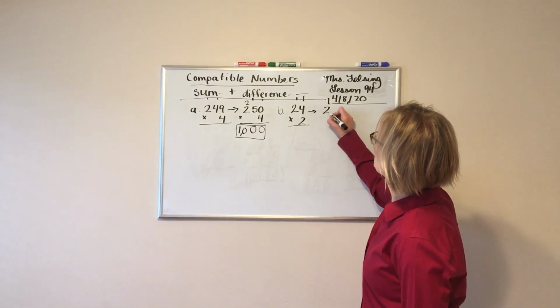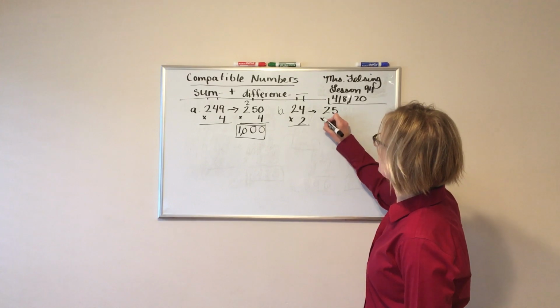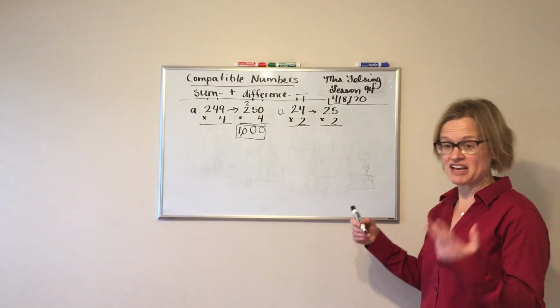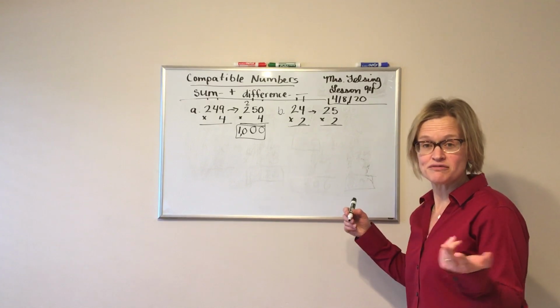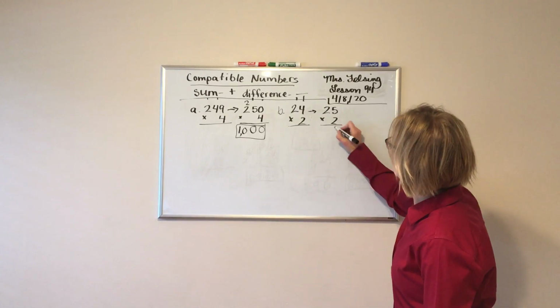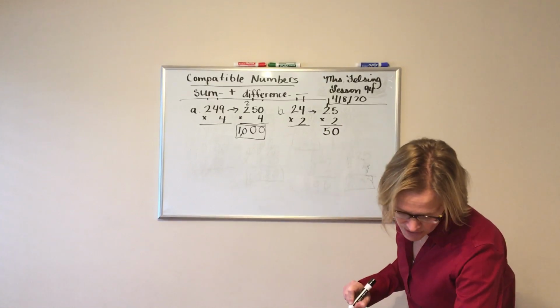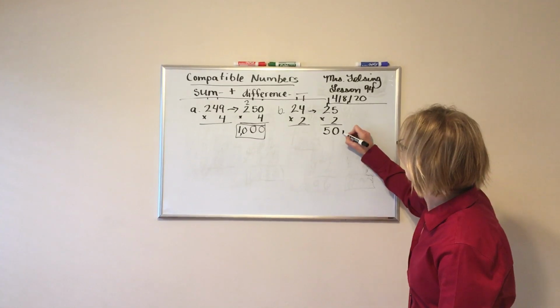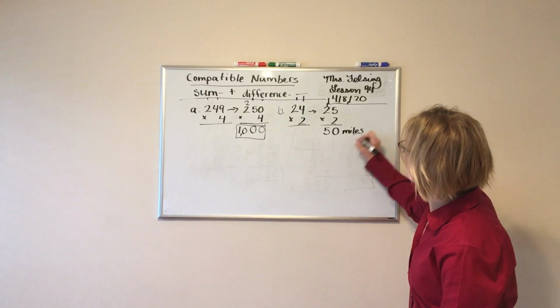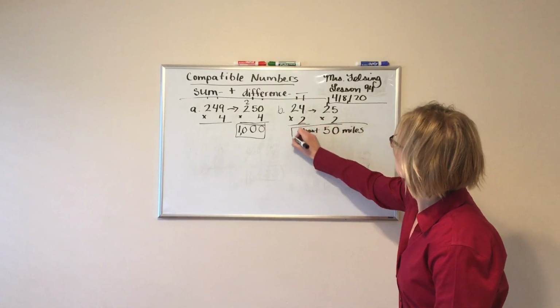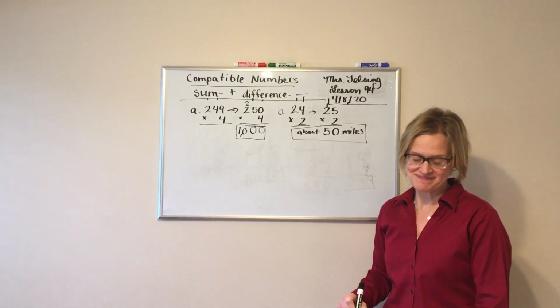I think our best bet would be change that to 25, then multiply it times 2. Well, think, how much is 2 quarters worth? 50. 5 times 2 and 50. So our answer would be, since this isn't exact, about 50 miles.